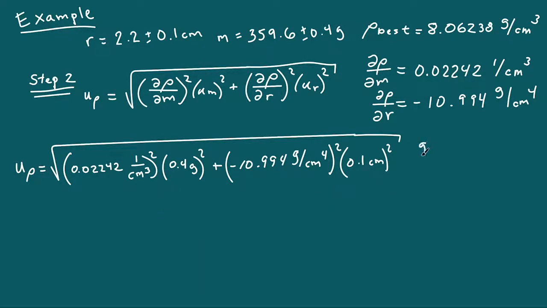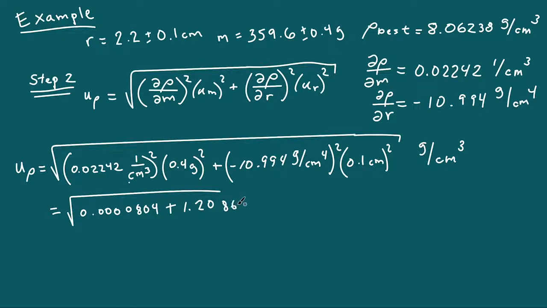So I'll just write grams per centimeters cubed out here, because those are the final units for that whole quantity after we take the square root. So now I'll plug some of these numbers in the calculator, and I'll do a couple steps here. So I'll start with 0.0000804 plus 1.20868.